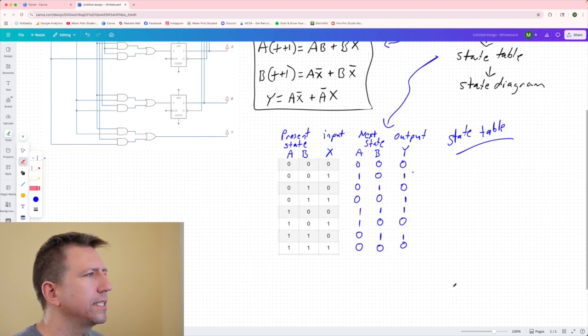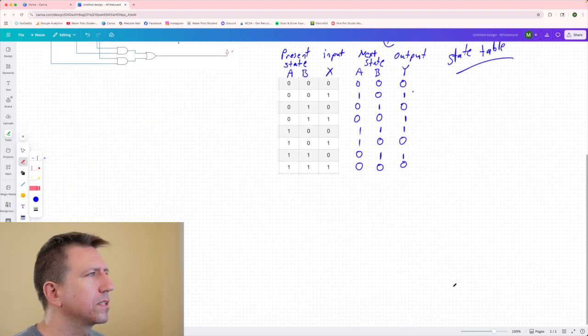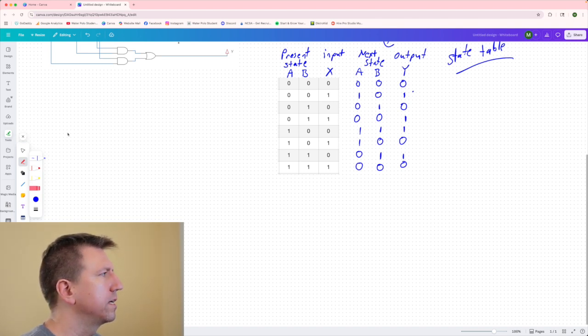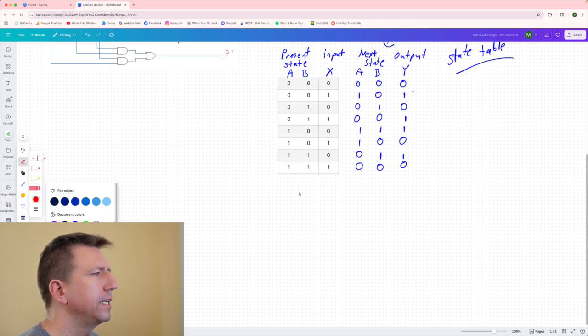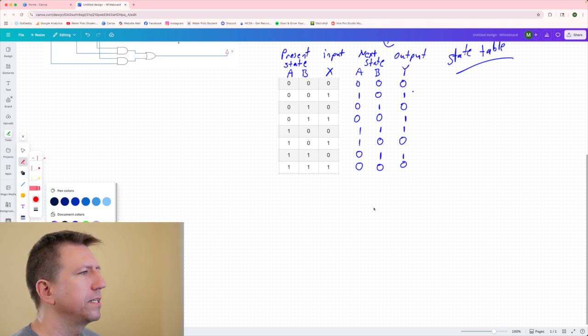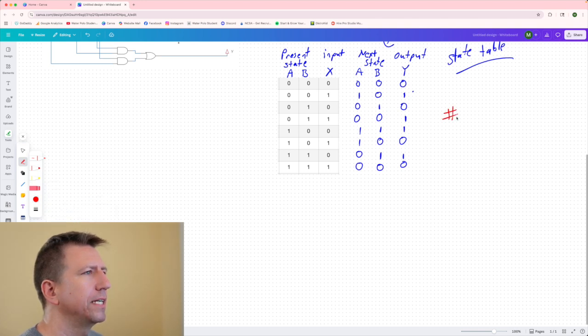So let's look at the state diagram. I need the state table to build a state diagram, so I'm just going to roll it down a little bit there, and we'll build it right underneath it here. So first off, how many states do we have? Well, the number of states is going to be related to the number of flip-flops, right?